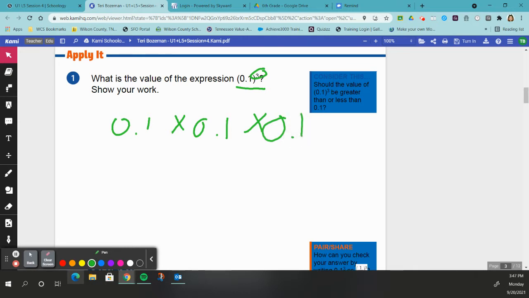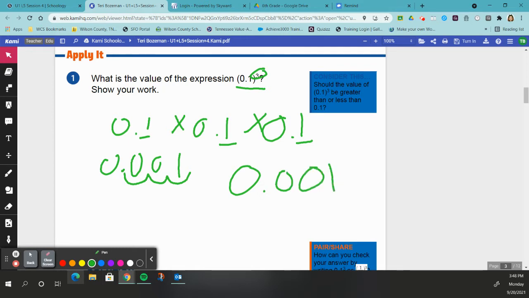So we would have 1 times 1 times 1 is 1. This is a decimal number, so we count up our place values that are decimals. We have 3 of them. So we need 3 decimal place values in our answer. We fill in zeros where they belong. So our answer here is going to be 1/1000th.